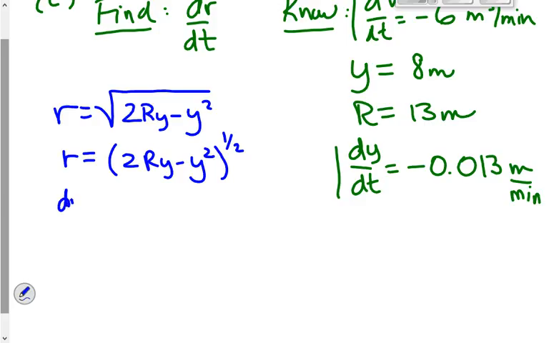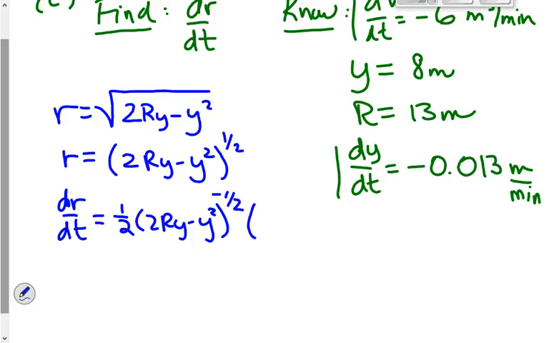And then we're going to take the derivative. So we're going to have dy dt. And how do I take the derivative of this side? Okay, so I start with one half, 2ry minus y squared to the negative 1/2. And then Sarah Hamden, what's the derivative of what's inside?